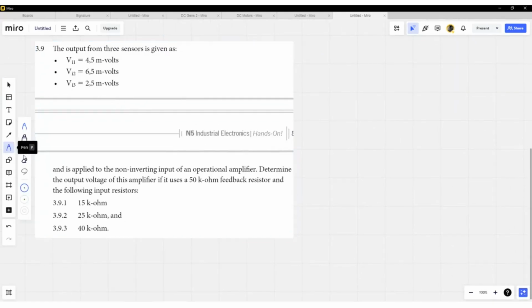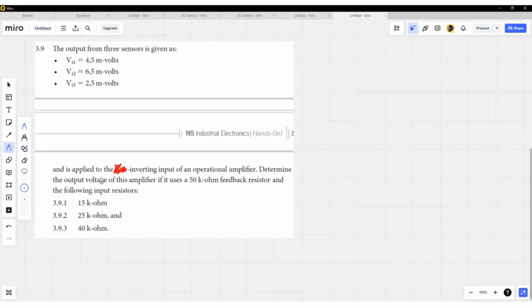Right, so if we start with the output, we're basically given the output from 3 sensors, meaning this is going to be the inputs to your op amp. Now they tell us here it's applied to a non-inverting operational amplifier. That's actually bogus. You guys don't do non-inverting summing amplifiers. You only do inverting summing amplifiers.